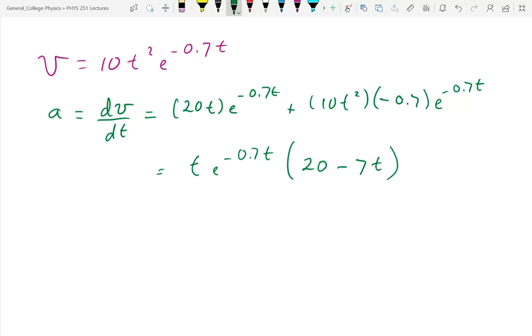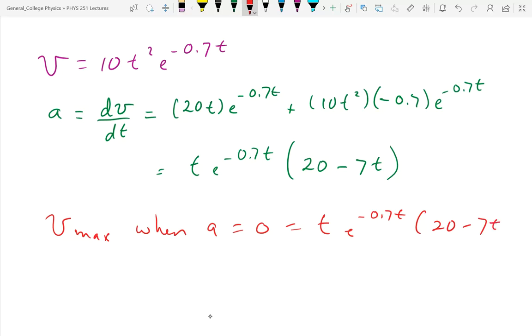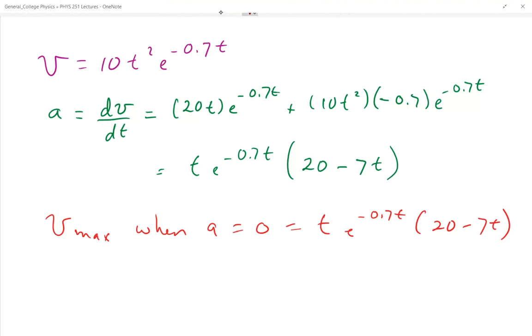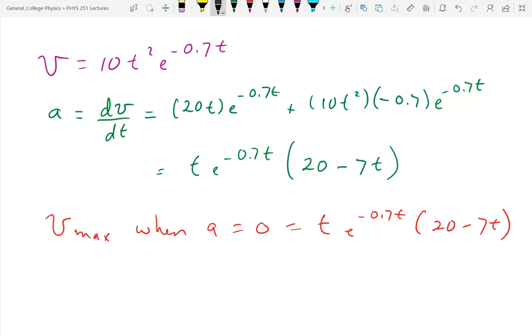Next question was, at what time is it going to have maximum speed? And we look at this calculation and we can use the words you said, Vmax, when a equals 0, when the slope of v is 0. And so that gives me that. Now this is something that I'm sure you all can do, but you may very well be rusty at it.